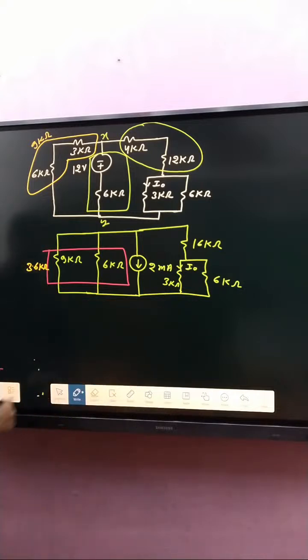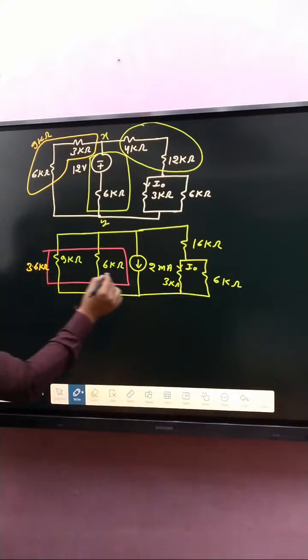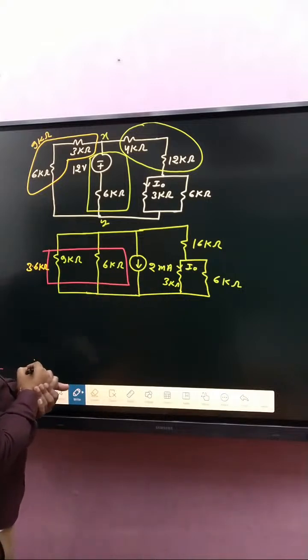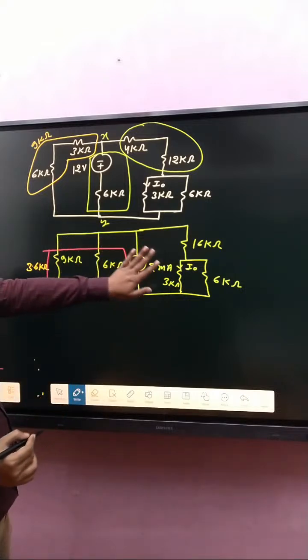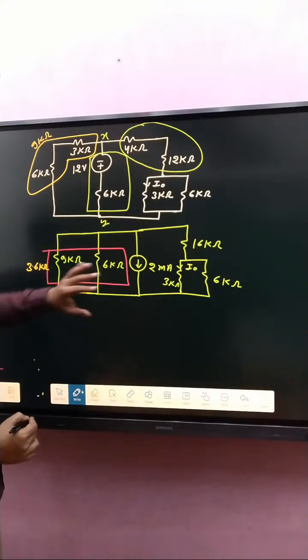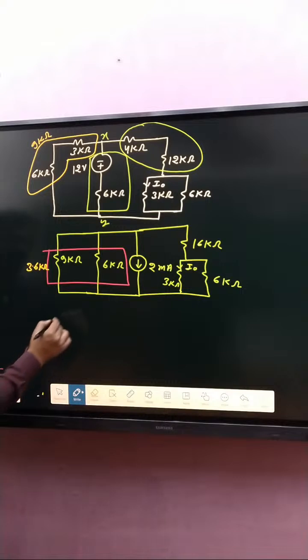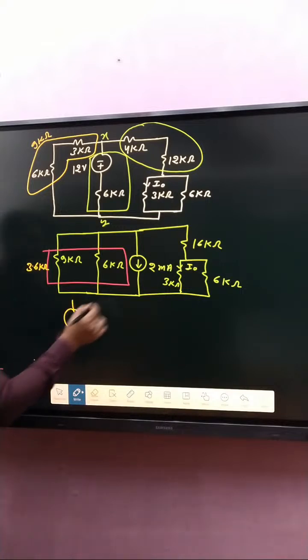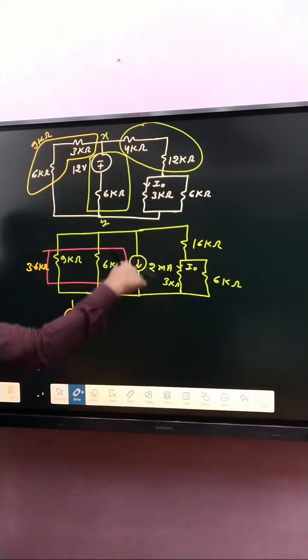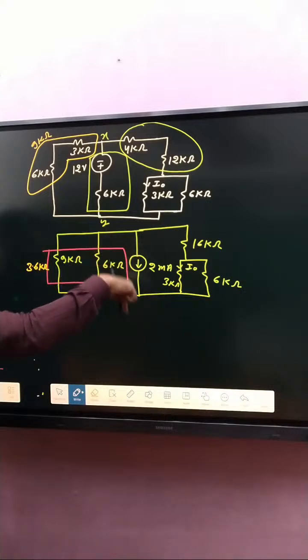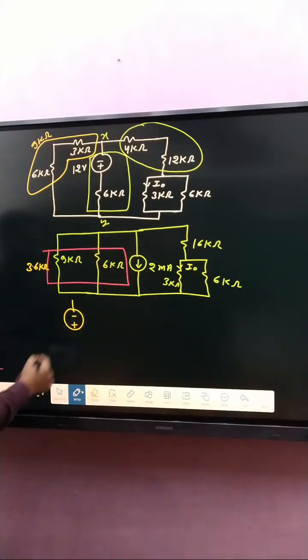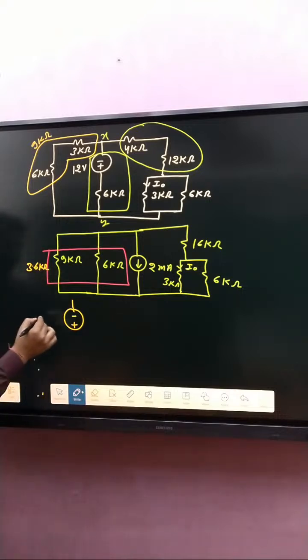So 3.6 kilo ohm and 2 milliampere. That resistance and 2 milliampere are parallel. So if you convert into a voltage source, then how much? The current is going in the downward direction, it means that side is positive, here negative. 2 into 3.6, that is 7.2 volt.